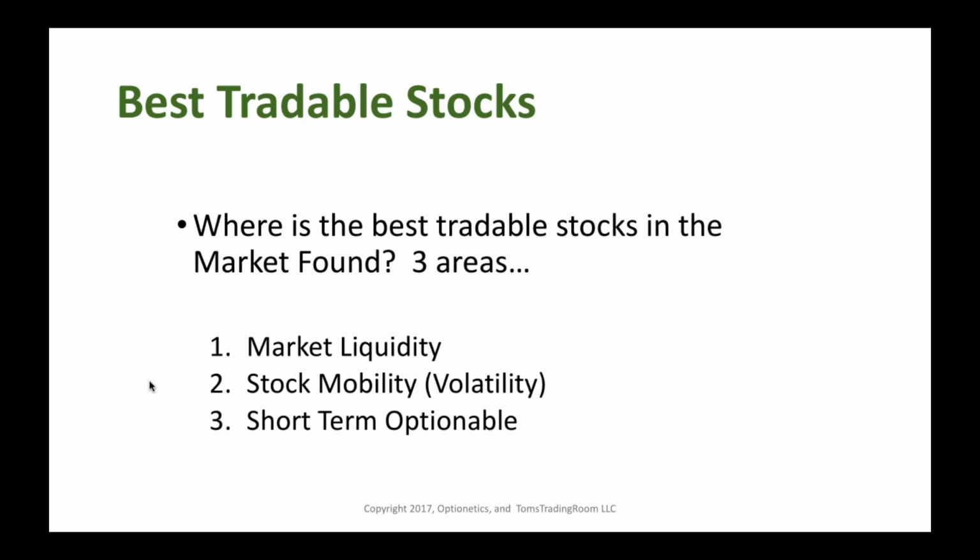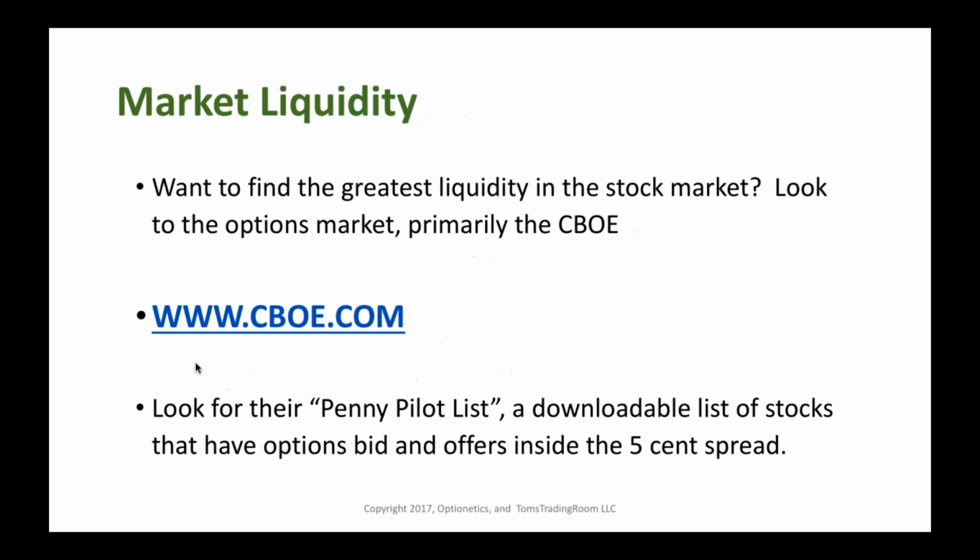When you dive into these areas to try to sift out the good, the ones worth trading, from the ones that aren't, there are 3 areas I like to go into. One is market liquidity. Number 2 is stock mobility. And number 3 is, is it short-term optionable? So let's talk about each.